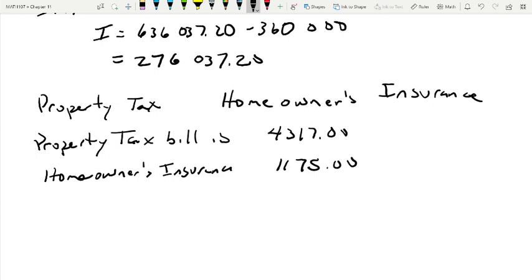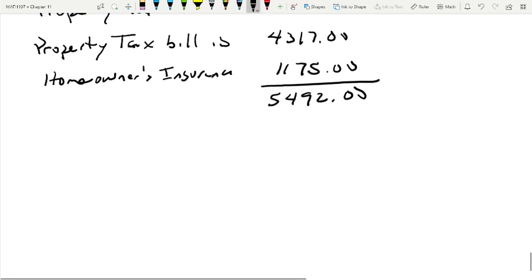Right? So that means that these two add up to $5,492 more. Right? And then we're going to divide that by 12.